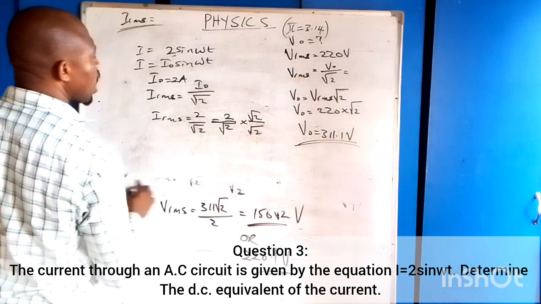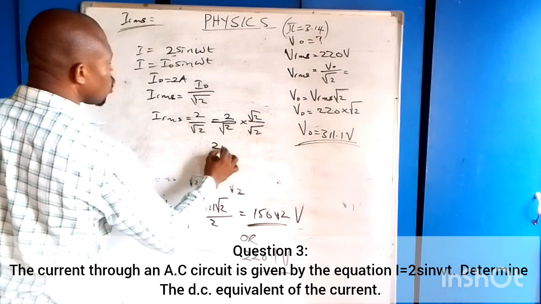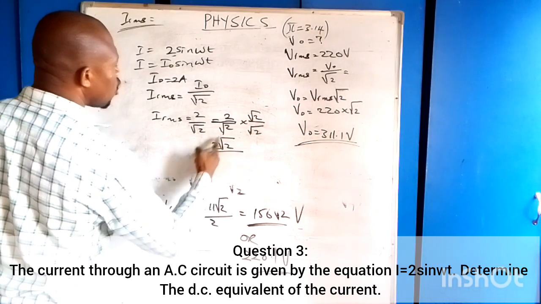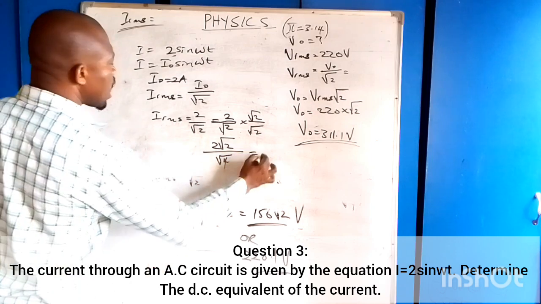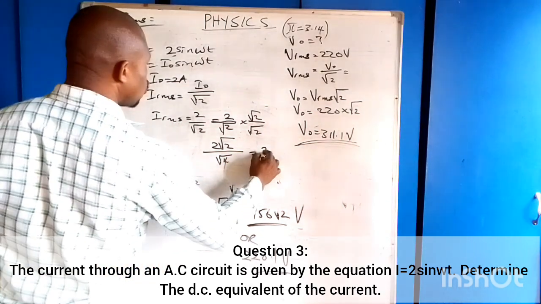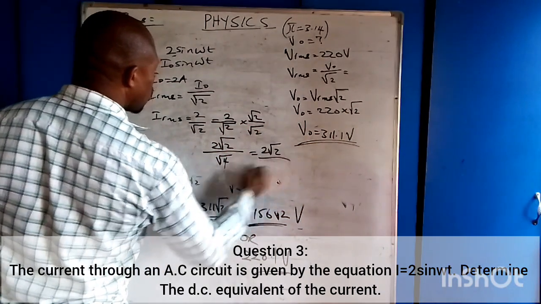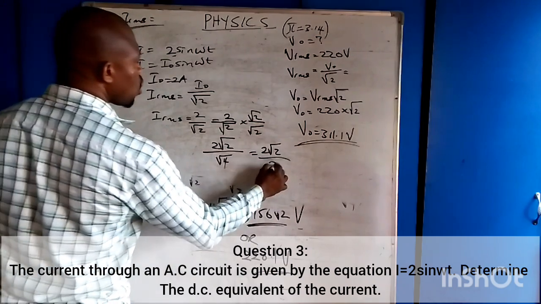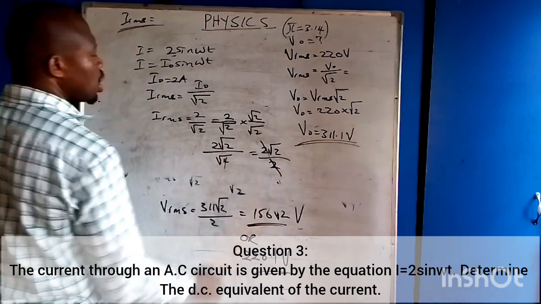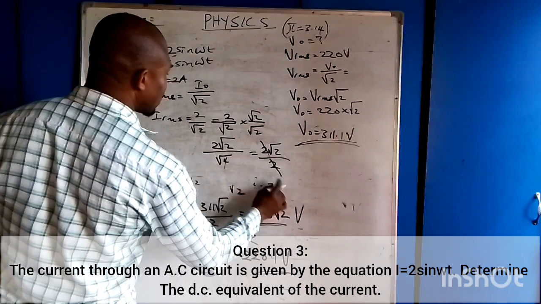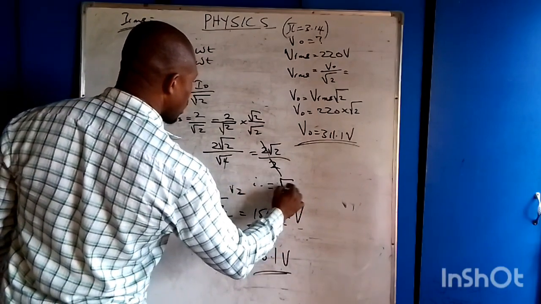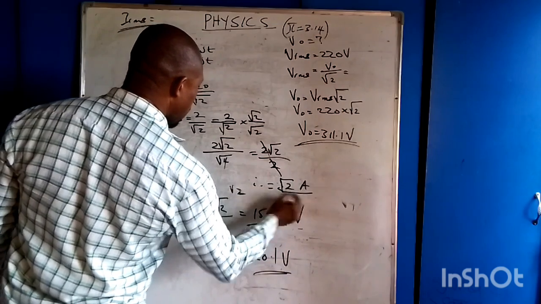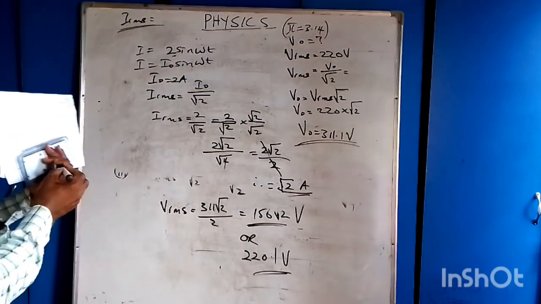We have 2 root 2 all over root 4, and the square root of 4 is 2. Therefore, the answer is root 2 ampere. So this is our answer.